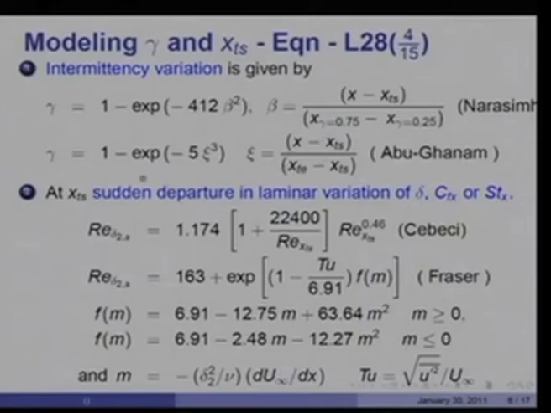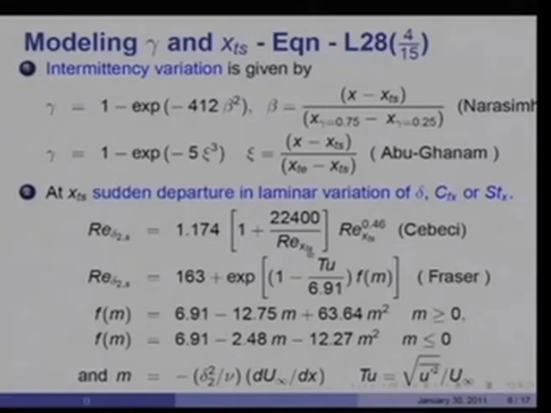For example, for determining the start of transition, where there is a sudden departure in the laminar variations of delta Cfx and Stanton x, one can use Seyb, who is one author; Fraser is another author. Seyb has suggested that at the start of transition, the Reynolds number based on momentum thickness, Re delta 2, is balanced by this expression, where the Reynolds number Rex is based on the start of transition.